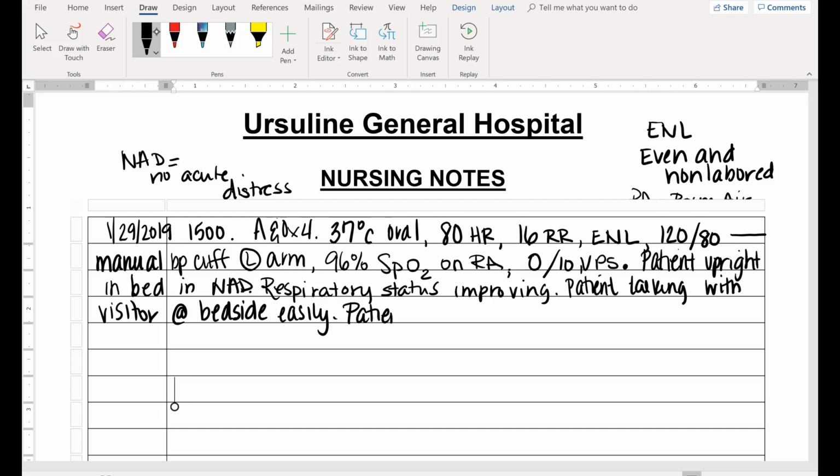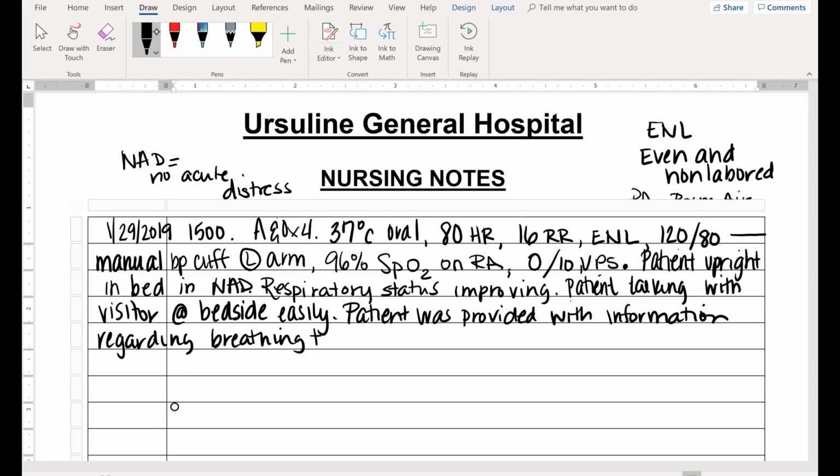So I'm just going to write here that patient was provided with information regarding breathing treatments. Patient verbalized, you can abbreviate patient, PT. Patient verbalized understanding. And denies questions.